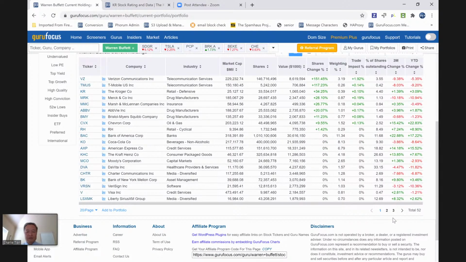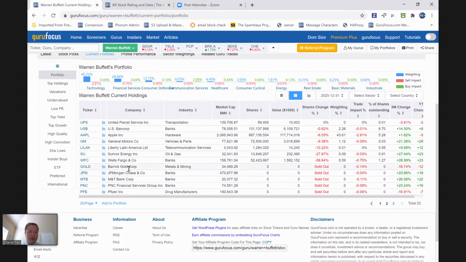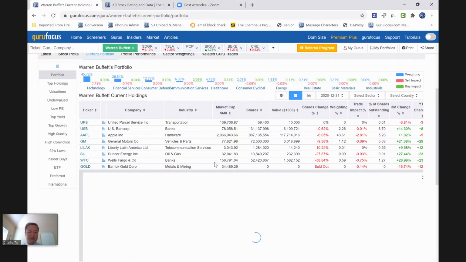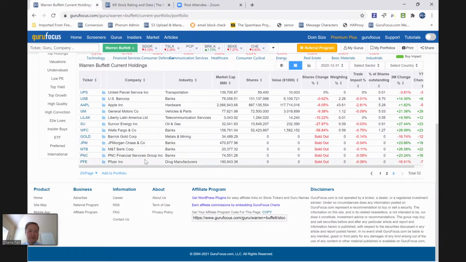And we can see what he sold. If I look at the portfolio, the position he sold out was Barrick Gold. I remember it was bought in the second quarter of last year, and it was sold out completely during the fourth quarter of last year. Of course, I didn't think it was bought by Warren Buffett himself either, because it's an extremely small position.